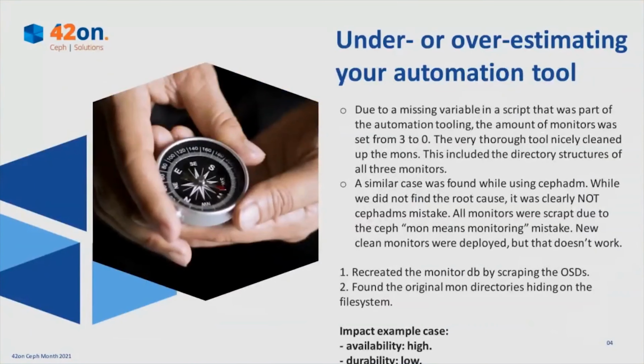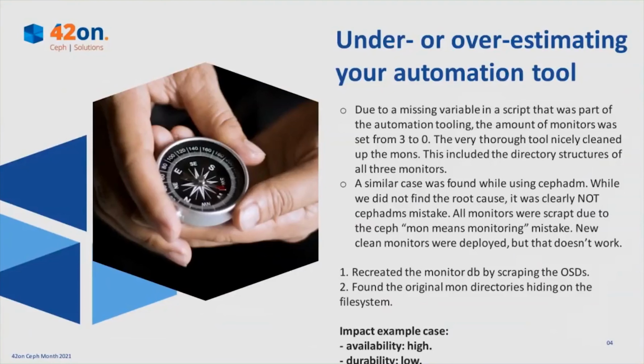One of the ways to break your Ceph cluster is by over or underestimating your automation tool, whatever you are using. It doesn't really matter. We had 2 cases where something like this happened.